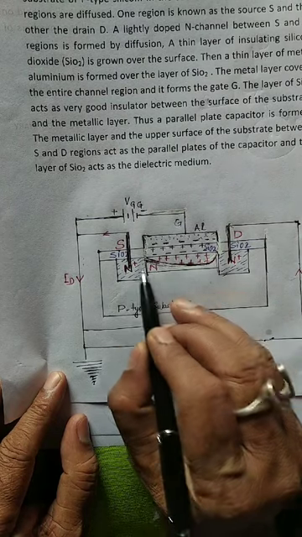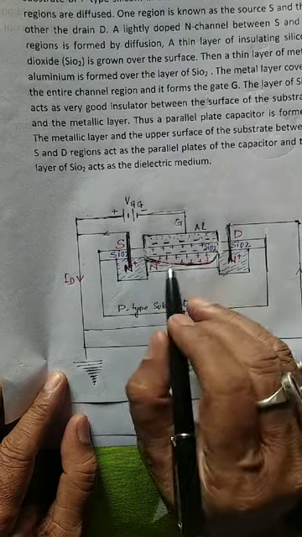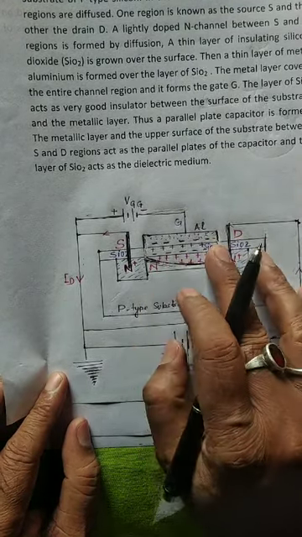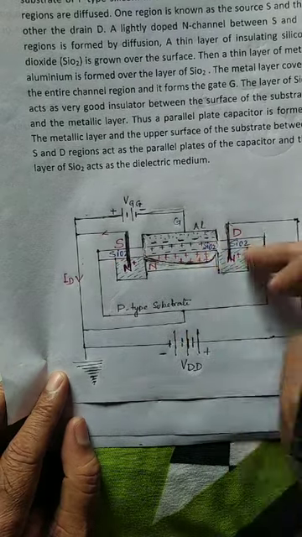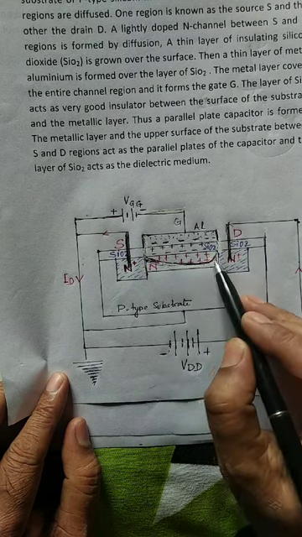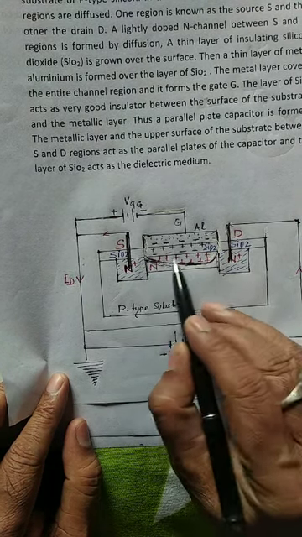So electrons will flow from this end to this end, and the conventional current will flow in this direction, because conventional current is taken opposite to the flow of electrons. So this is the direction of drain current. This terminal is positive, this side is negative. Here more positive, so more voltage drop.